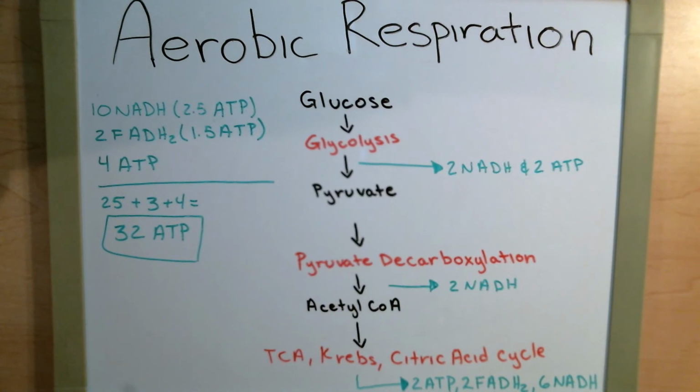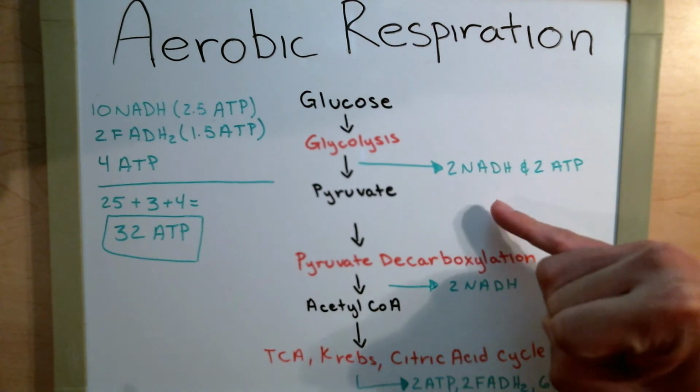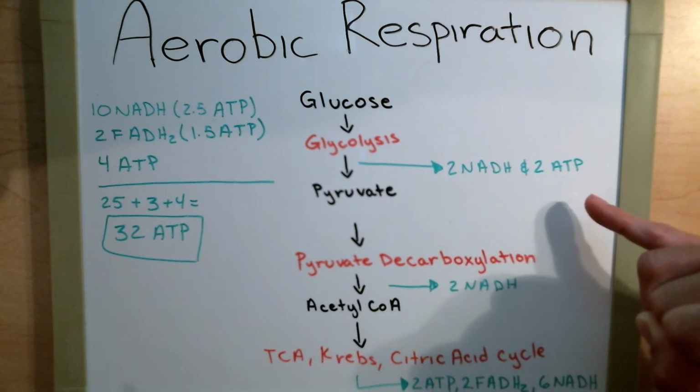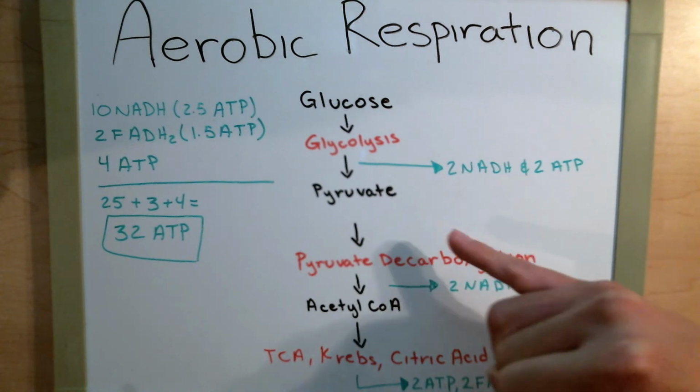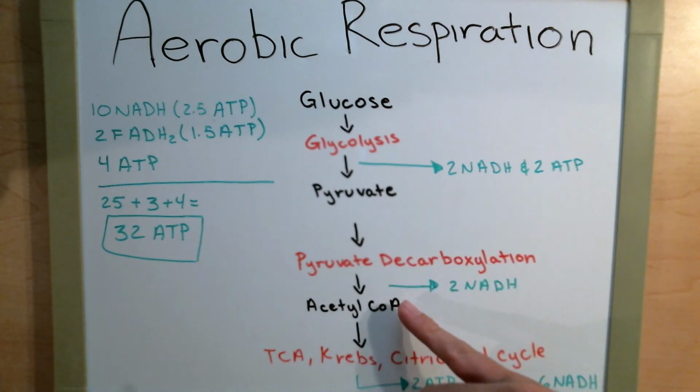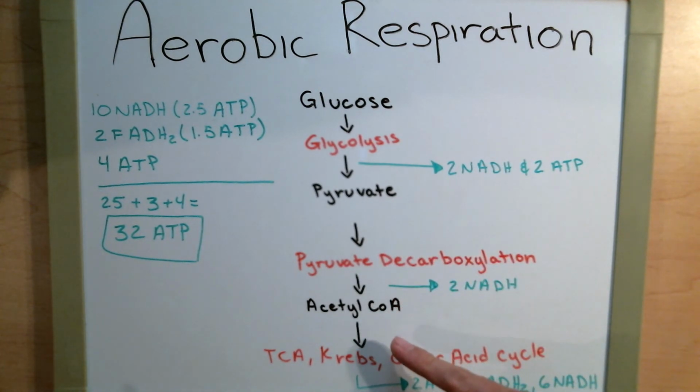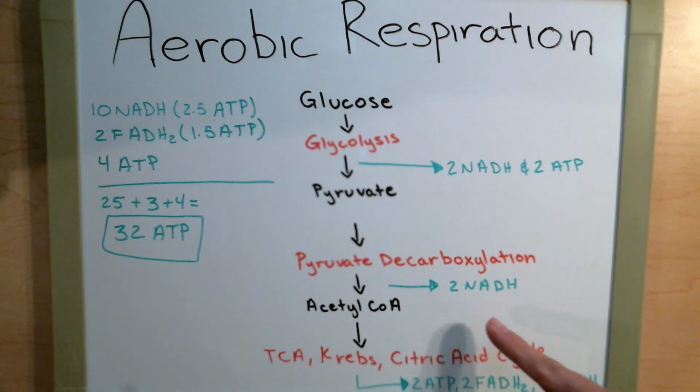So just to summarize everything, we have our glucose that we put through glycolysis in order to give us pyruvate. In that process, we created 2 NADH molecules and 2 ATP molecules. That pyruvate then goes through pyruvate decarboxylation in order to give us acetyl-CoA. That process yields 2 NADH molecules.